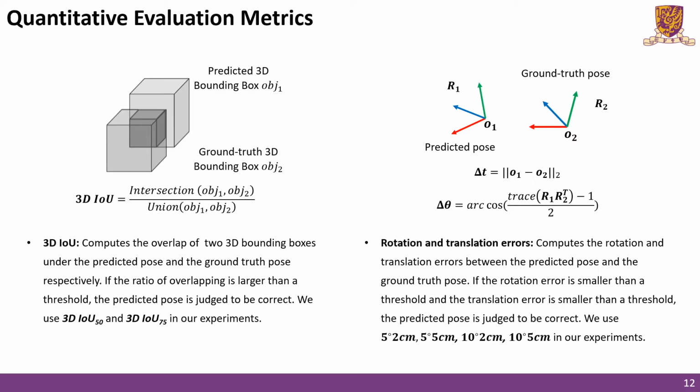In our experiment, we use 3D 50 and 3D 75, which take 50% and 75% as the intersection over union threshold respectively. Second, rotation and translation errors. We compute the rotation and translation errors between the predicted pose and the ground truth pose. If the rotation error is smaller than a threshold and the translation error is smaller than a threshold, the predicted pose is judged to be correct.